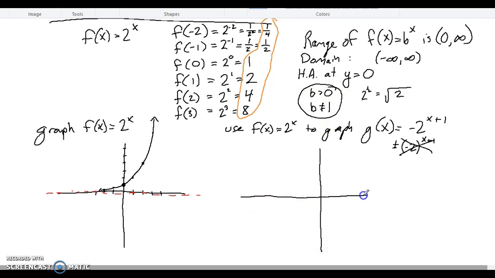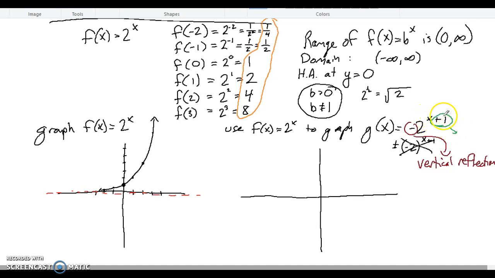Which means that the negative and this plus 1 are both transformations, and let's see if we remember what they are. Negative out front. That was a vertical reflection. So we reflected the graph over the x-axis. And then a +1 on the inside.